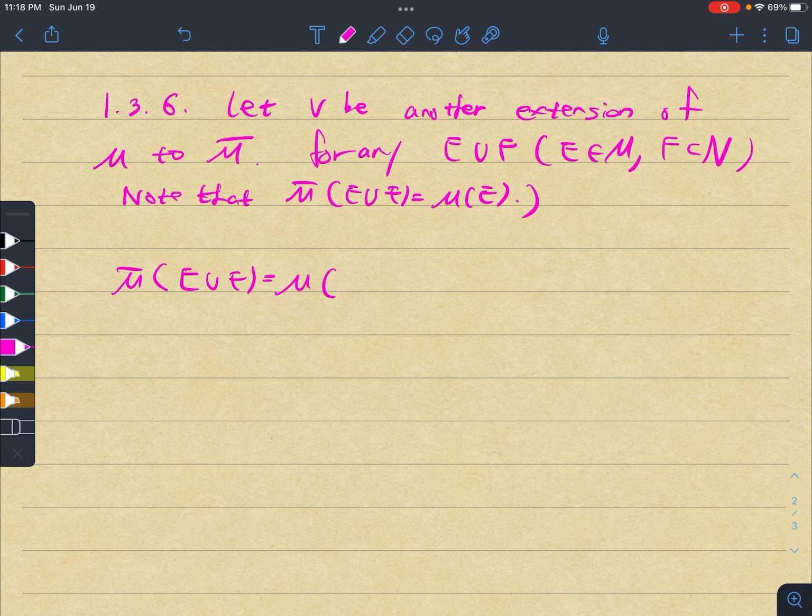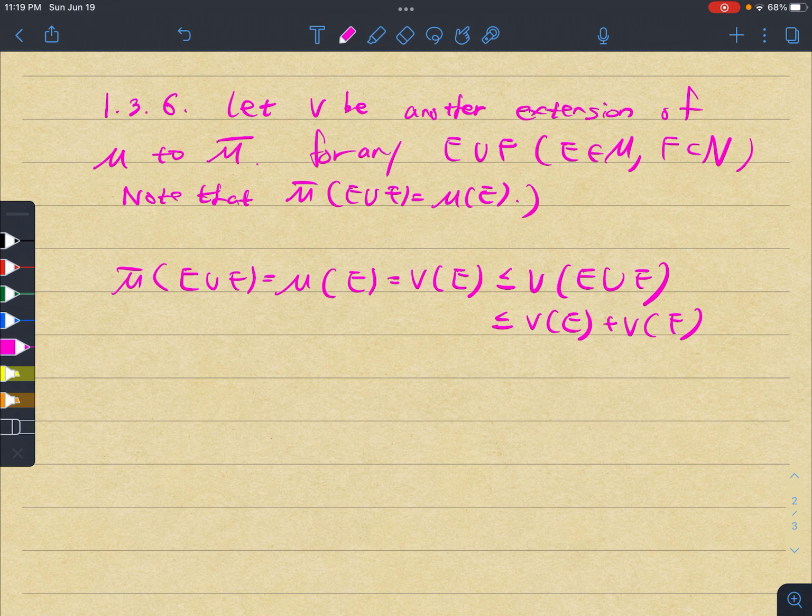So mu bar of E union F is mu E, which is V E, as this is an extension, and this by the property is less than or equal to V of E union F, which is also by the property less than or equal to V E plus V F. And as we know that V F is 0, this means this is V E, which is mu E.